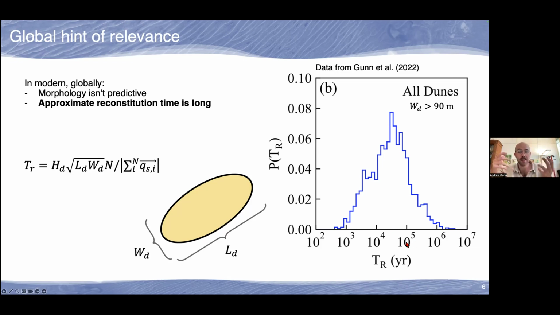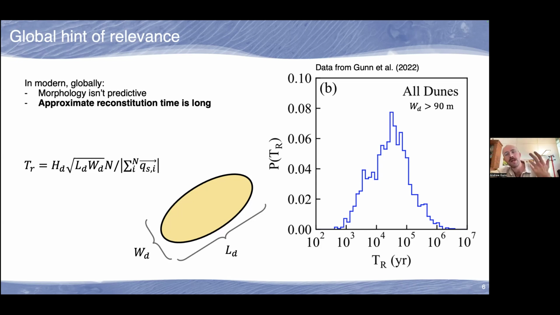And that time scale is pretty long with respect to the time that climate is changing in some places, right? We have variability in climate in dune fields around that time scale. And so maybe some of the reasons why the dunes don't look the way that they should with respect to the current climate is that they've somehow inherited the forcing of climate in the past that wasn't necessarily the same.